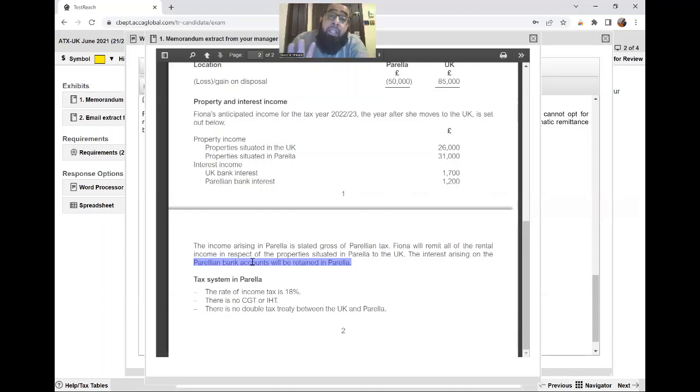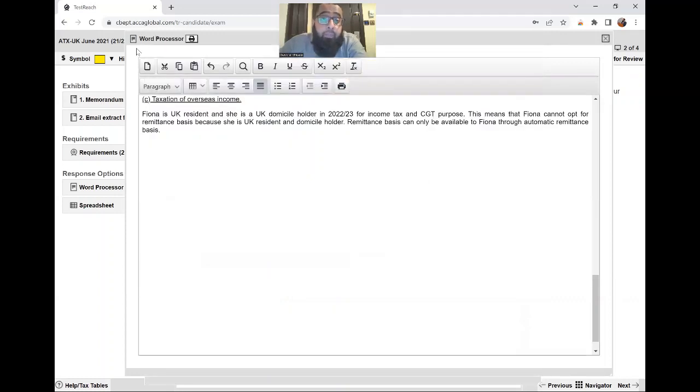So, I'm talking about her unremitted amount. This property income will be remitted. He's saying it here: Fiona will remit all of the rental income from the property situated in Kerala. Now, remittance is in relation to overseas income. UK amount is already in UK. So she will remit the property income, but she will not remit the bank interest. Now, bank interest is only 1,200.